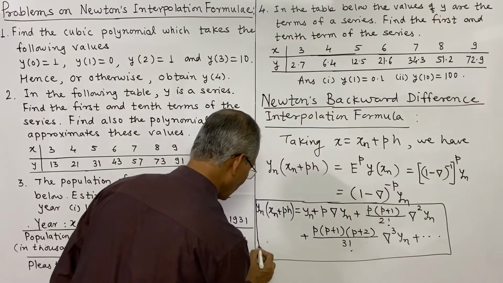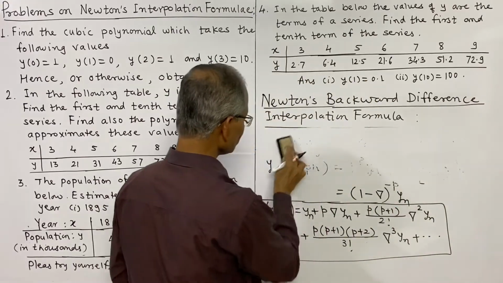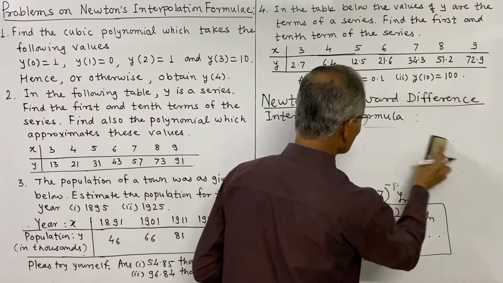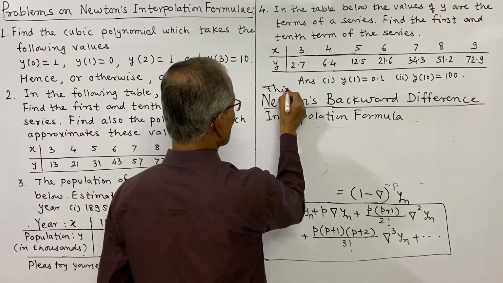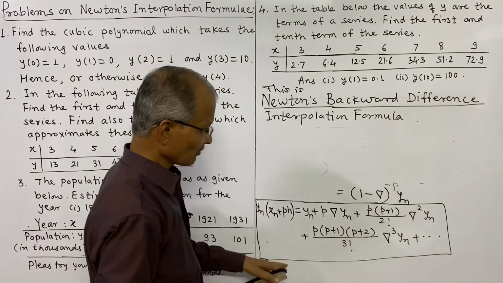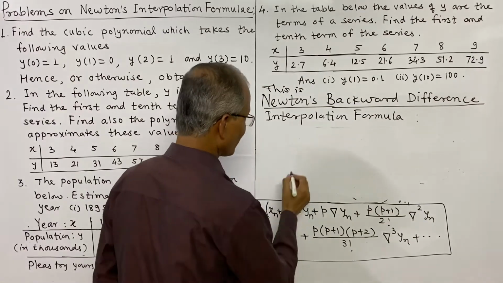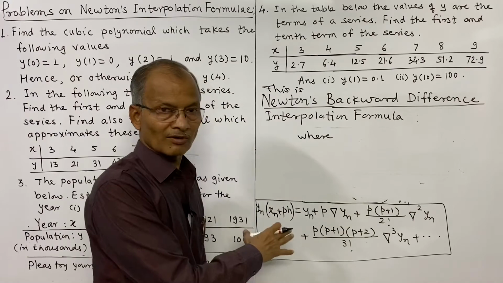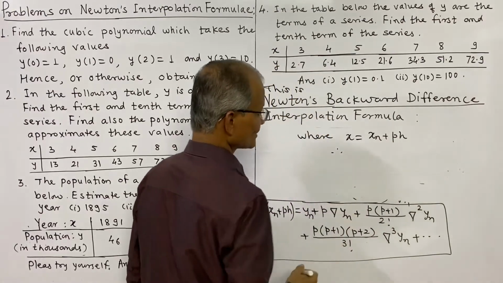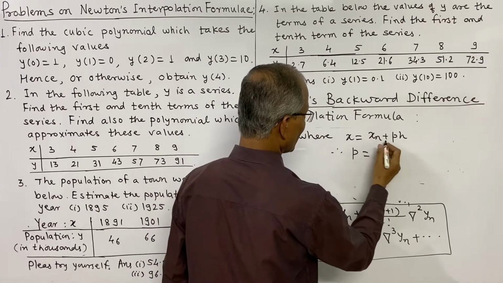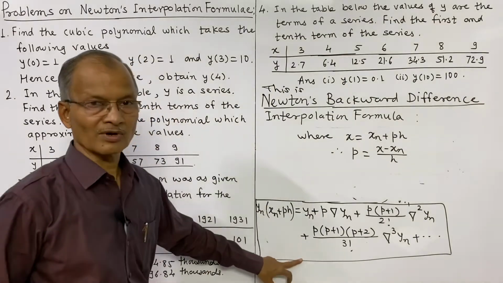Here the value of x is x equal to xn plus ph, and therefore p can be obtained: p is equal to x minus xn divided by h. So this is the Newton's backward difference interpolation formula.